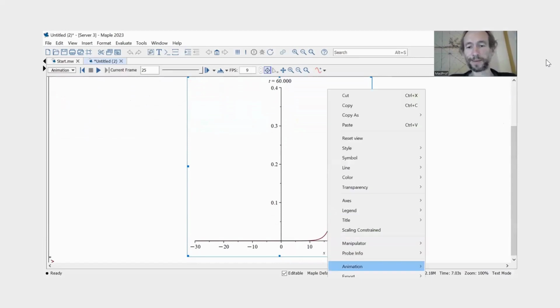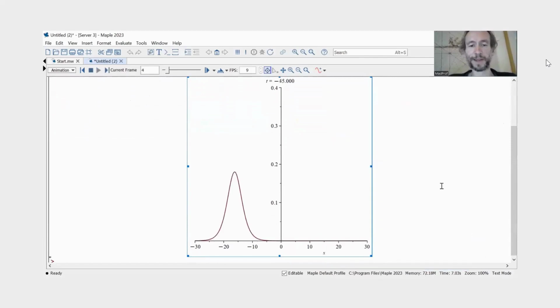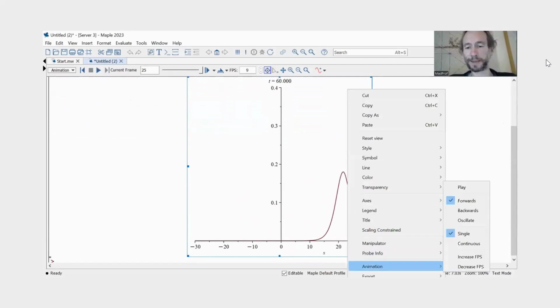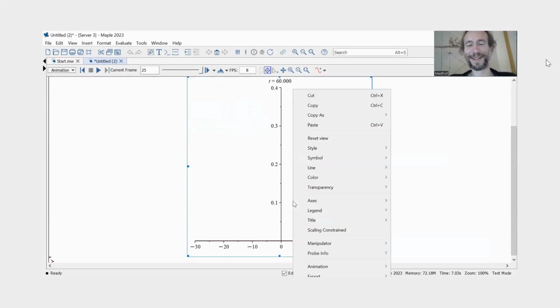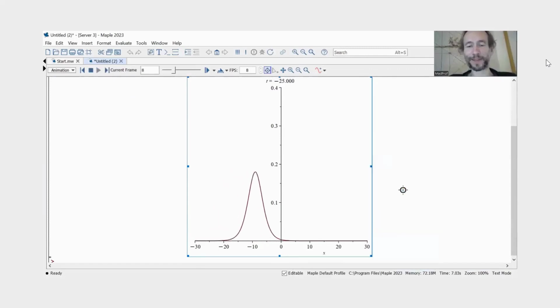And if I just show you the animation of how it moves, this is what's called a traveling wave. So it just moves with constant speed. Maybe I'll try and slow it down a little bit, just so you can watch it moving again. So this is a very special kind of wave, which is called a soliton.